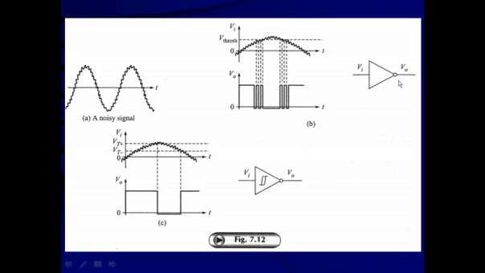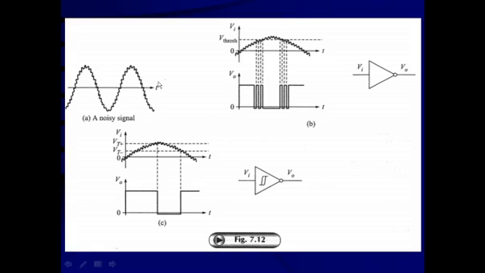So the output of this one is not one particular pulse like this, but it has multiple pulses. That means the output is going to be continuously going high and low, and that is not desirable, because if this kind of signal is given to a digital system, then that digital system will get false triggering, or bouncing so many times, which is unwanted.